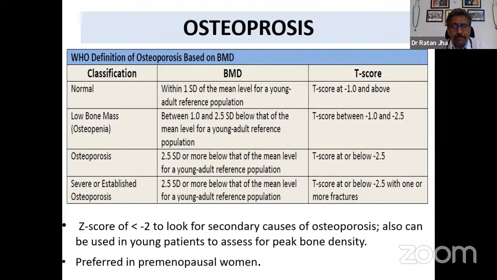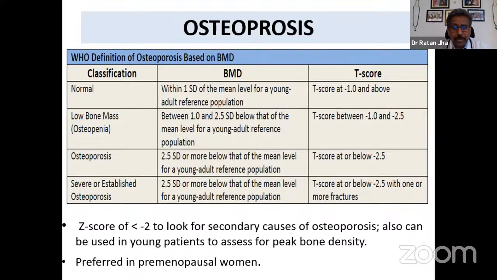That is usually referred to as T score. T score 0 to -1 is normal, while a bone mineral density between -1 and -2.5 is called low bone mass or osteopenia.